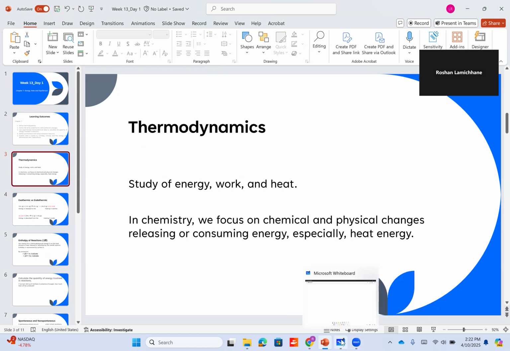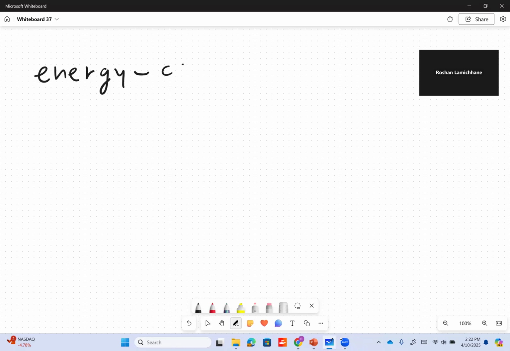All right, now you have energy. In physics or in chemistry, the way we define energy is the capacity to do work. All right, now you see that word work, then what is work?